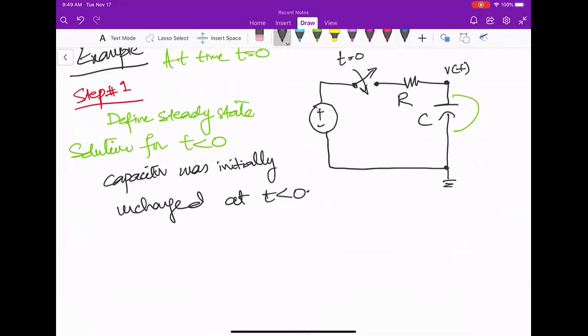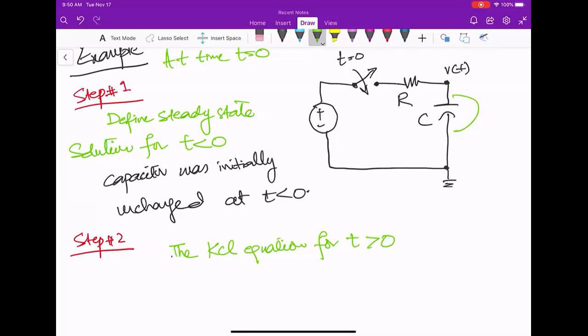Now, step number 2 is we will write the KCL equation for t greater than 0. So t and tau are different, you know. t is the time and tau is the time constant. So just don't confuse them.